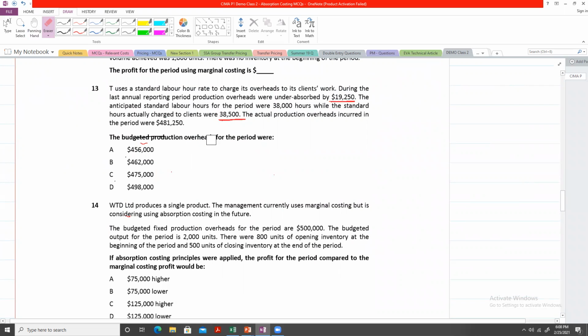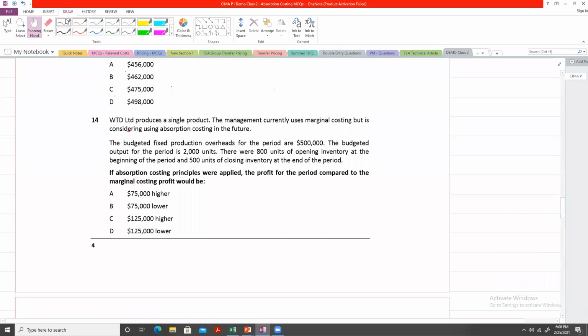The difference arises because of the change in the inventory level and the fixed production overheads absorbed in absorption costing. So let's look at the question.